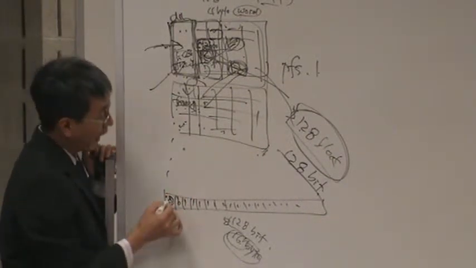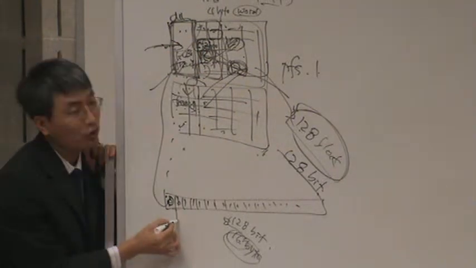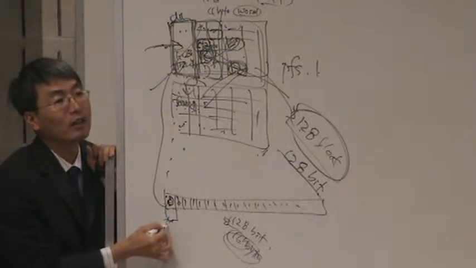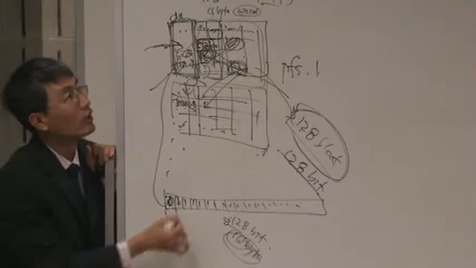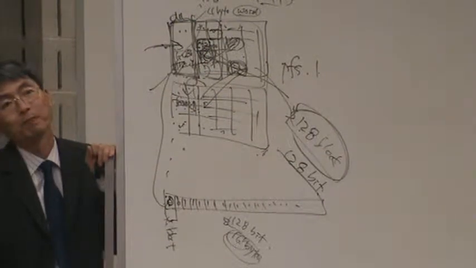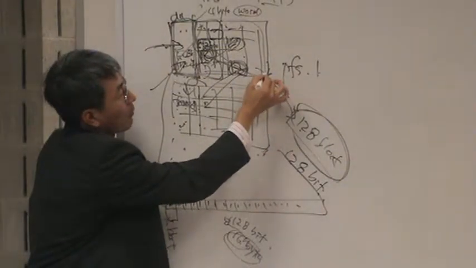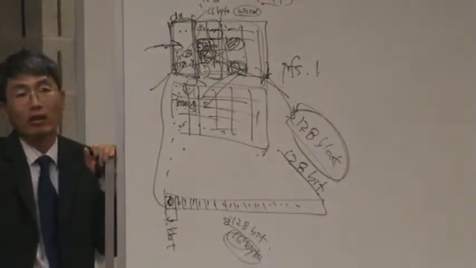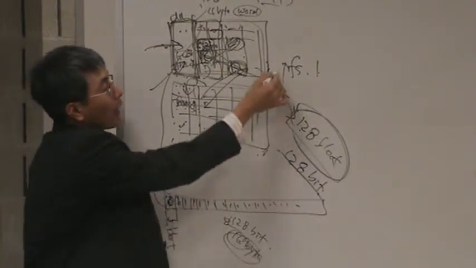Then what about the address of this? You don't have to actually manage the address. You can multiply by the block size plus the initial offset. That's it. In case it's more than the maximum size of one file system, you can recursively calculate the address, using modulo by the size.